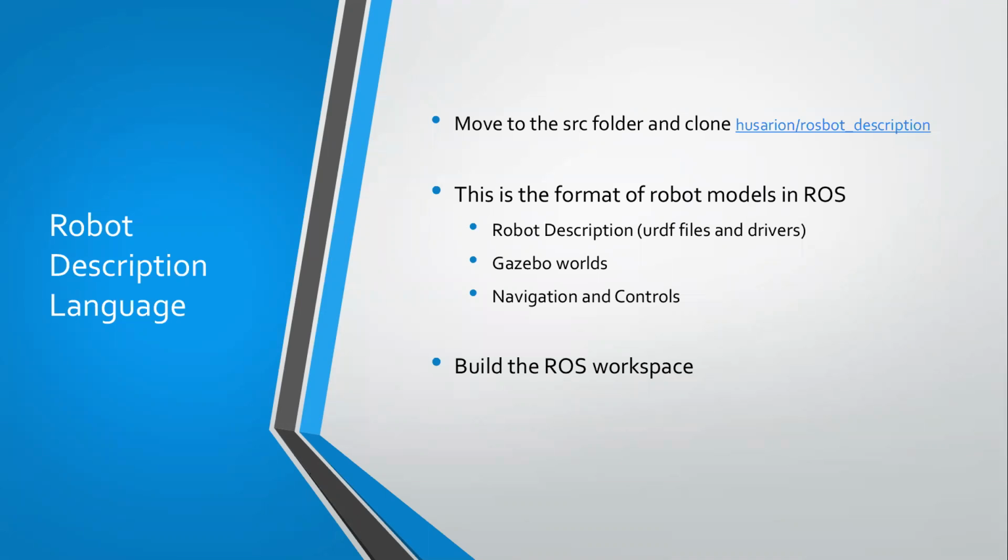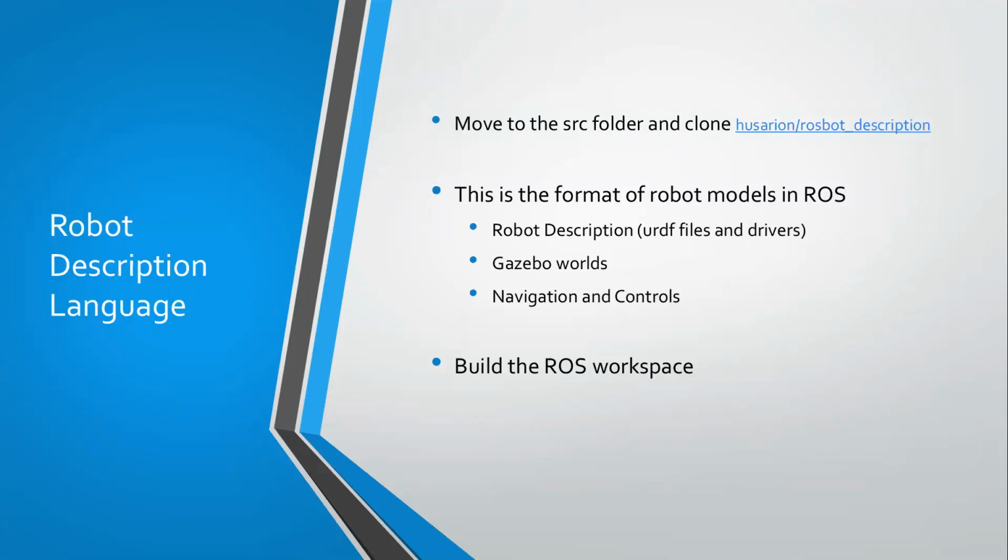A robot has a description package and it has a driver and it has some model related files. So if you take a Kobuki robot, there's the Kobuki driver and Kobuki description. And if you take this ROSbot I'm using for the hands-on today, it also has a description and driver.